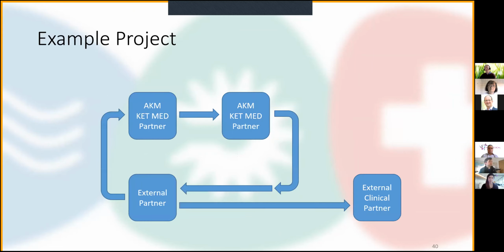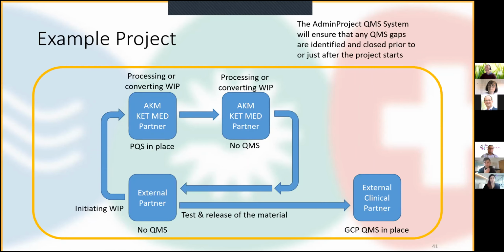This is an example project just to demonstrate the situations you may find yourselves in within the projects. So you have an external partner, you may have a couple of KETMed organizations involved, and you could be providing material to an external clinical partner.